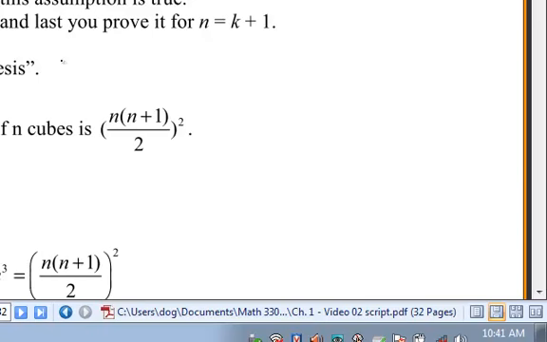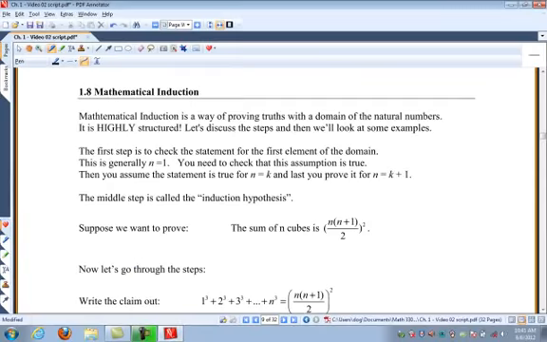You need to have a domain of the natural numbers when you're working with mathematical induction. You can't work with negatives or fractions. You need to follow the steps very, very carefully. It's highly structured, and we'll look at first the steps, and then we'll look at some examples.